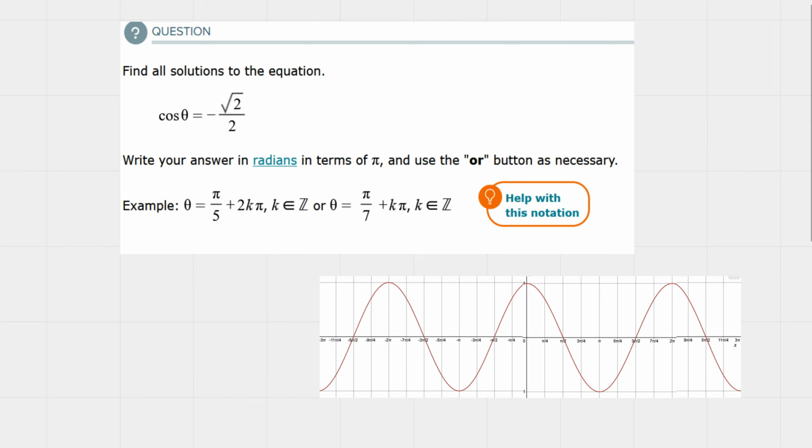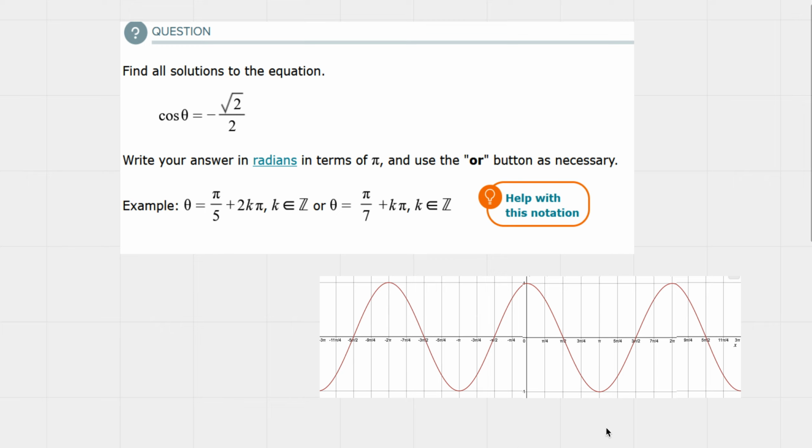In this example, we're looking for a way to find all the solutions to a specific trig equation. So let's back up a second and think about finding the solutions for one rotation on the unit circle.